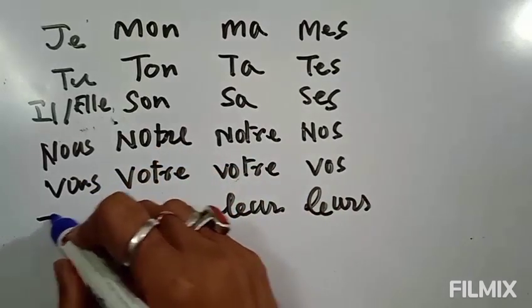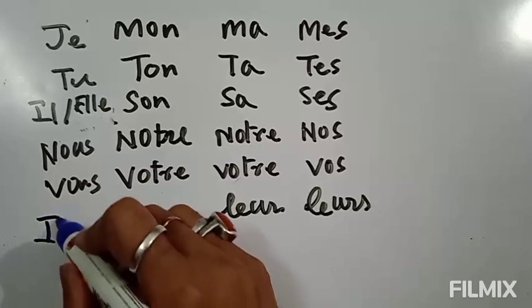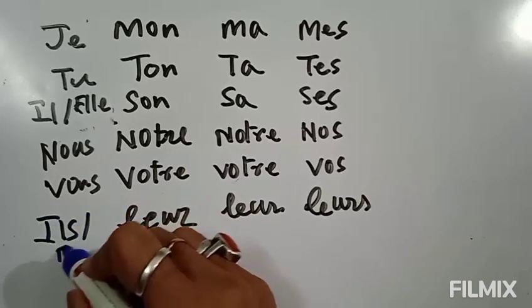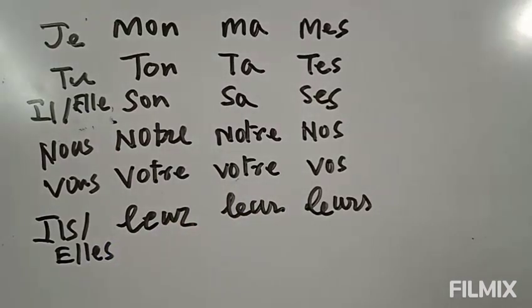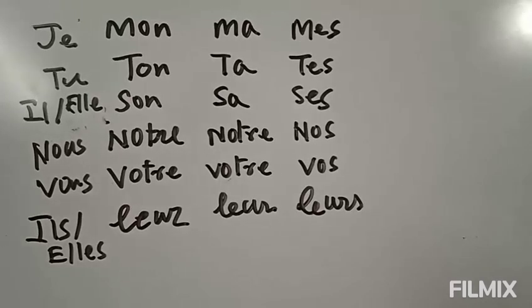And this is for ils or elles, they, third person plural. This is the total form to be used for possessive adjectives, whenever you are writing any sentence or in communication, whatever it may be.